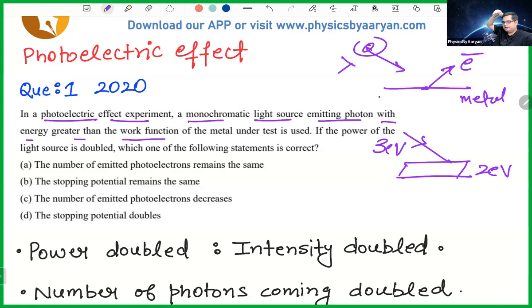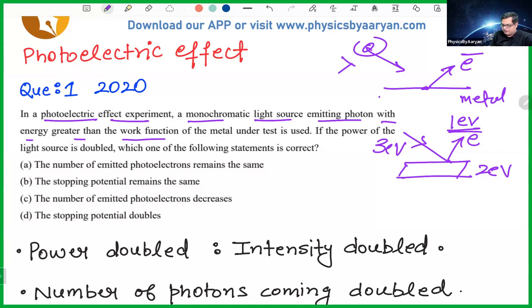So the photon is coming with 3 electron volt. The work function is 2. Work function basically means how much energy you need to remove the electron. So you need 2 electron volt. So out of 3, 2 is used to remove the electron. So the electron will come out with 1 electron volt energy. Okay? So that is the case.